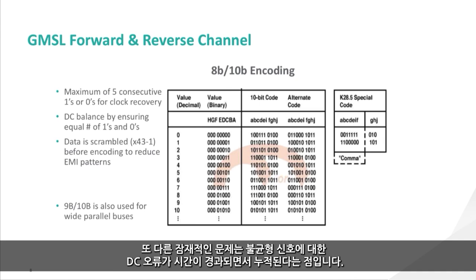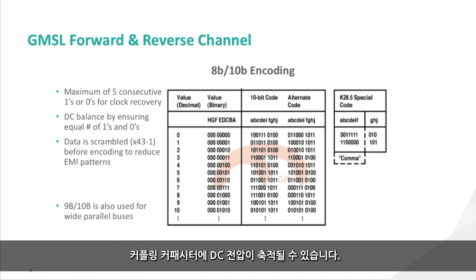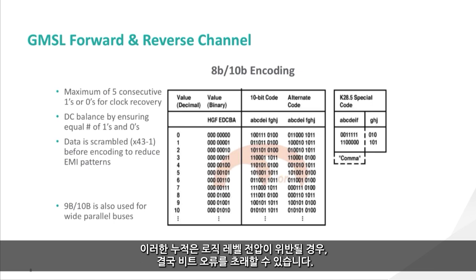Another potential issue is the accumulation of DC errors over time for an unbalanced signal. Since the serializer and deserializer are AC coupled, a DC voltage can build up on the coupling capacitors if significantly more ones or zeros are transmitted. This buildup may eventually lead to bit errors if the logic level voltages are violated.